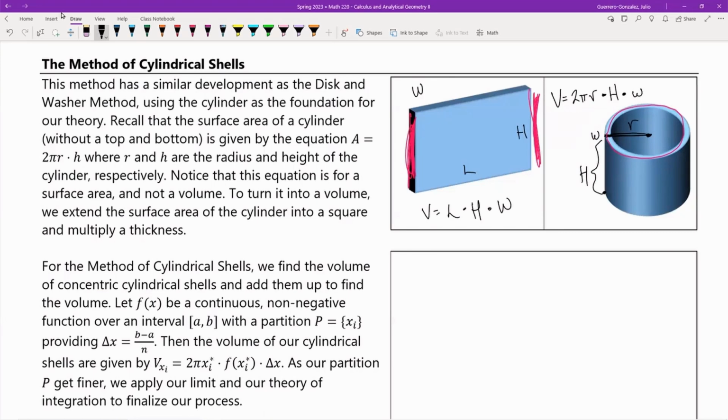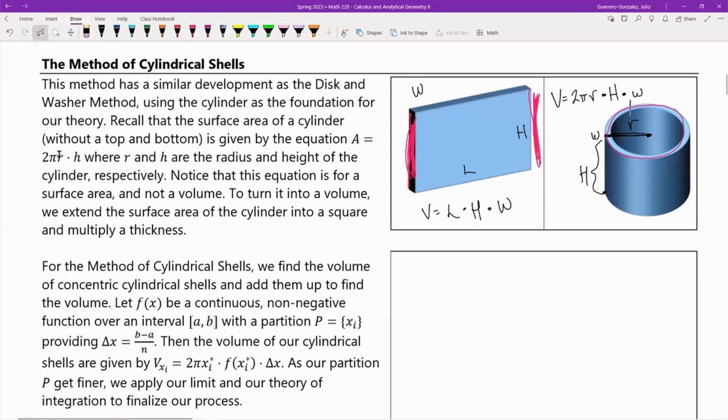So this is the volume of a cylindrical shell, just one that we take out separately. This is the theory that we're going to end up using here.